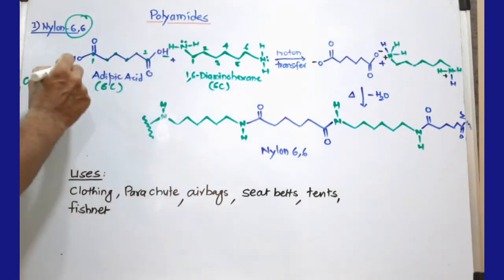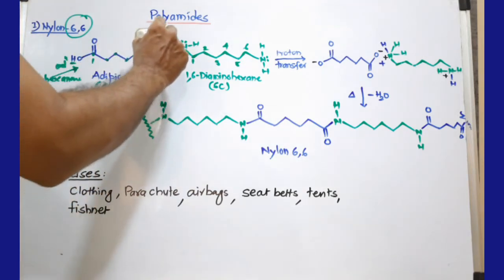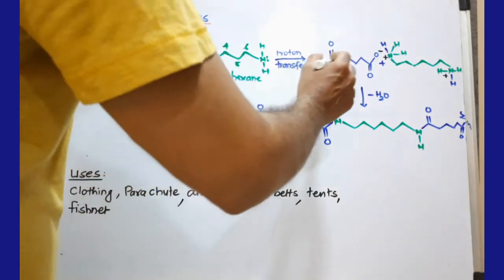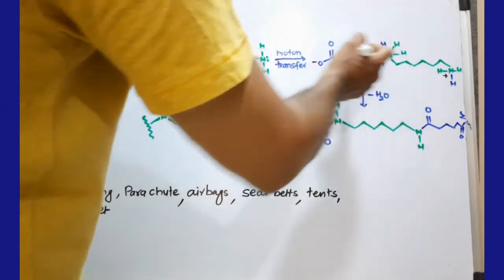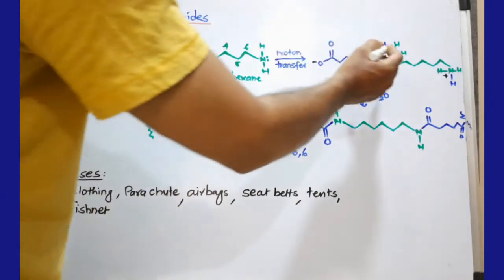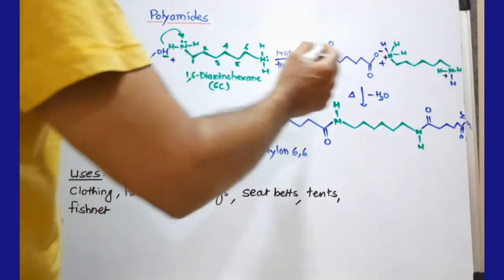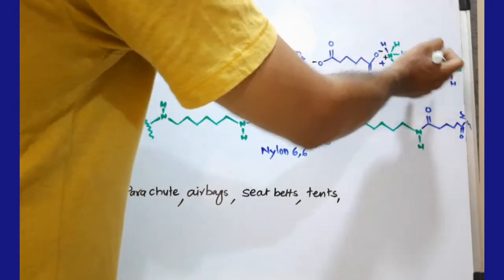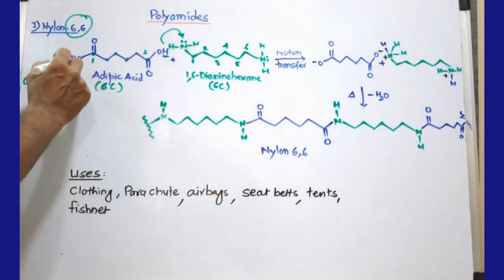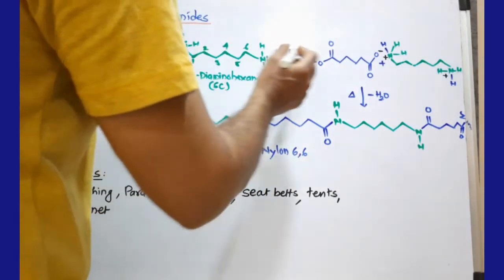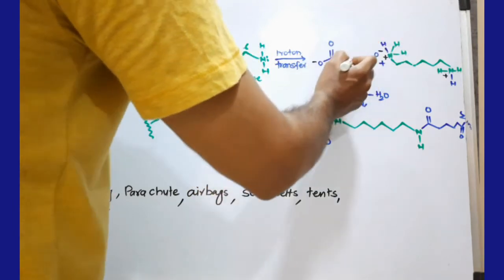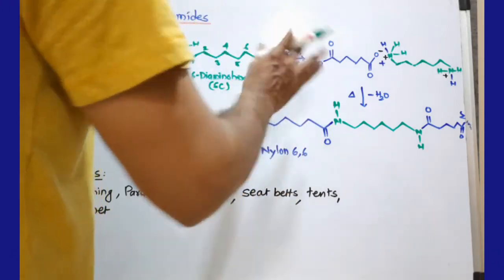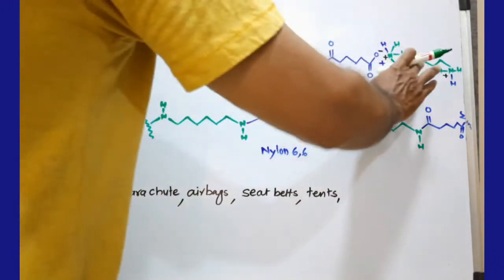These 2 protons get transferred to the amino base groups, using the lone pair to join the proton, and we get a positive charge on the nitrogen. When we remove the proton from the carboxylic acid group, we get 2 anions. So this kind of proton transfer reaction takes place to give 2 ions.